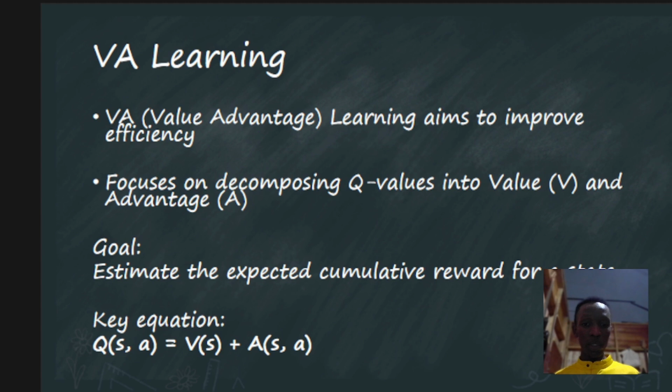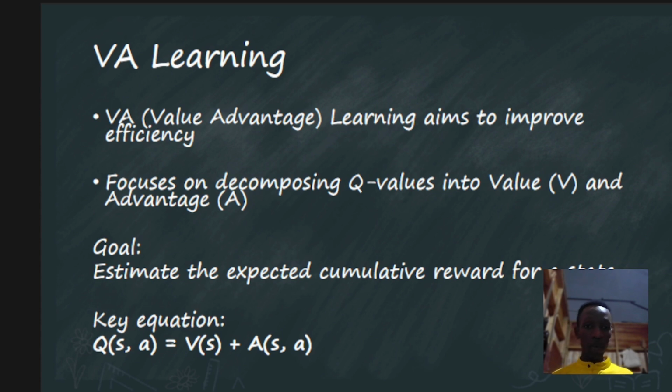As the equation is, we have the Q value, Q of state and action, the total expected reward for taking action A in state S. And the value function, V, the expected reward for being in the state S, that's how we represent it as V of S. Regardless of which action you take, it tells you how good the state itself is.